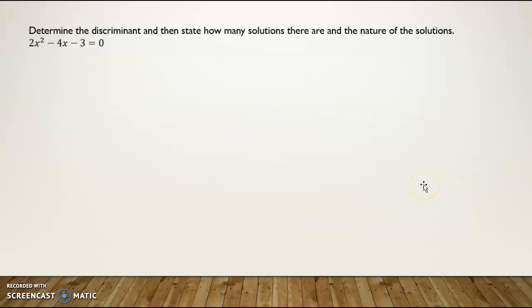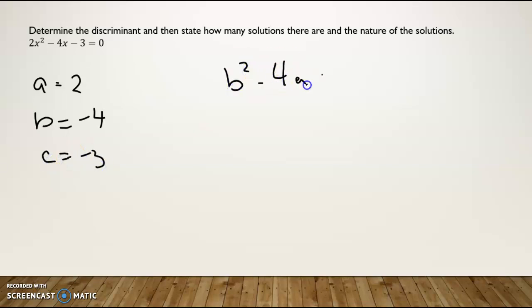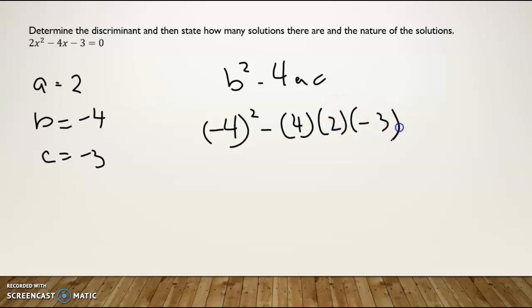And then last but not least, let's identify our A, B, and C. A is 2, B is -4, and C is -3. So B squared minus 4AC, -4 squared minus 4 times 2 times -3.